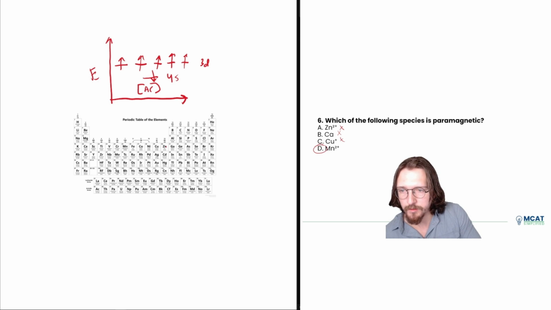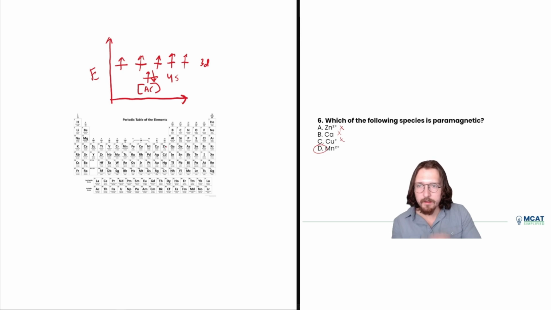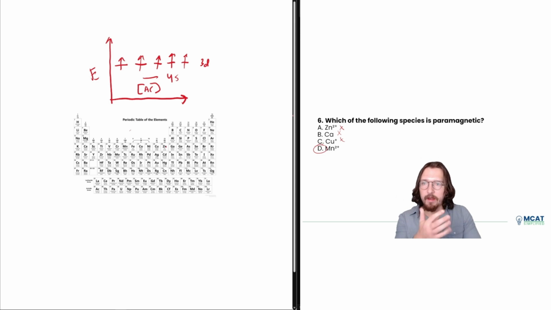And then when we get to manganese, we fill this one again. Manganese itself is already paramagnetic, but we need to remove 2 electrons. We remove these 2, because they're from the 4s, and voila, we get manganese 2+. Notice that this doesn't have any paired electrons. They're all unpaired. So this is definitely paramagnetic, and D is the right answer.